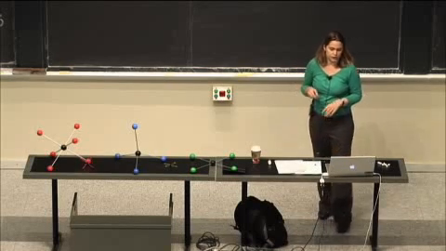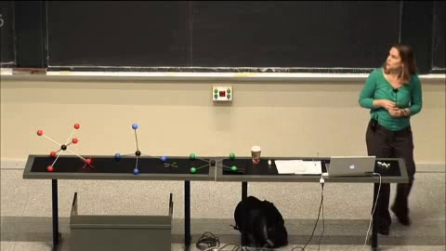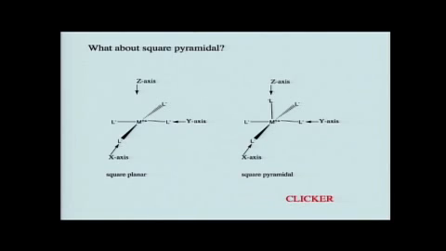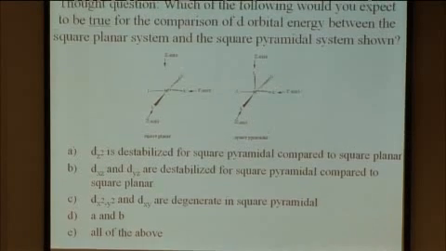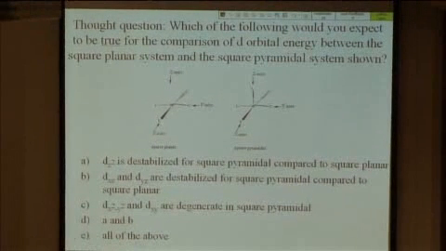And to give you practice, why don't you try this one right here? So we have a square pyramidal case as drawn here with the axes labeled z, y, and x coming in and coming out. Tell me which of the following statements are true.